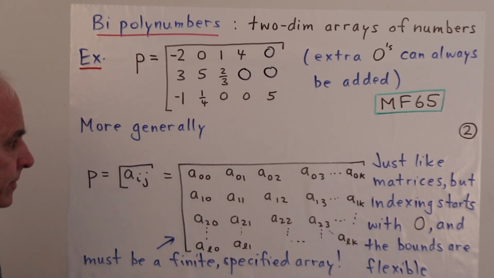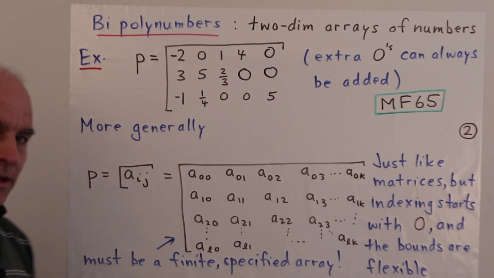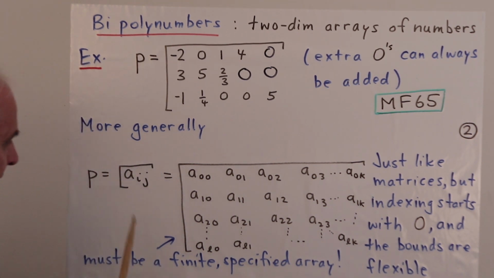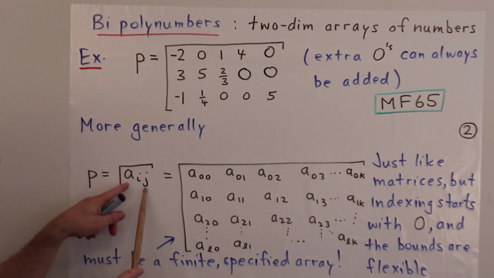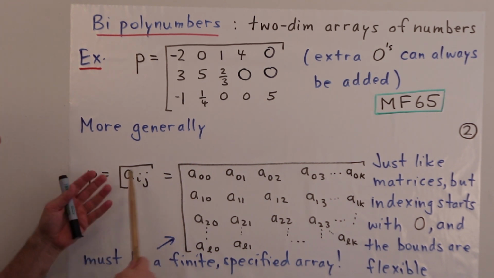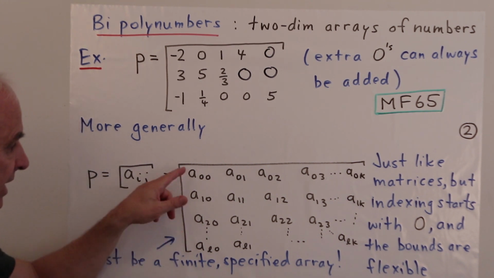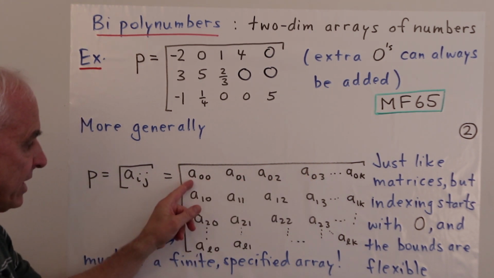More officially, here's the notation that we're going to use for a bipolynumber p. Just a single letter denoting the bipolynumber, and maybe with a_ij denoting that the typical element is a sub ij. And notice that the indices are going from 0.